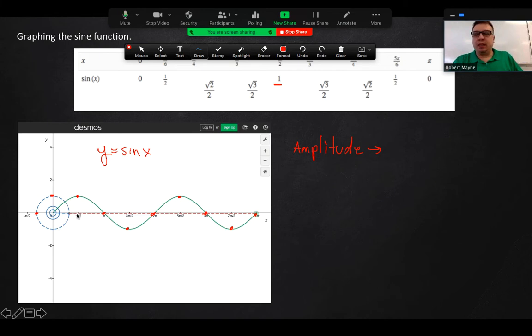Here's where I'm at on my midline, and then how far is that distance from the midline to the max or to the min? That's the amplitude. I just used another word too. This right here is known as the midline. My amplitude in this case is also basically whatever the radius of the circle is. Because this was a unit circle, our radius is 1. So the amplitude is just 1 unit.